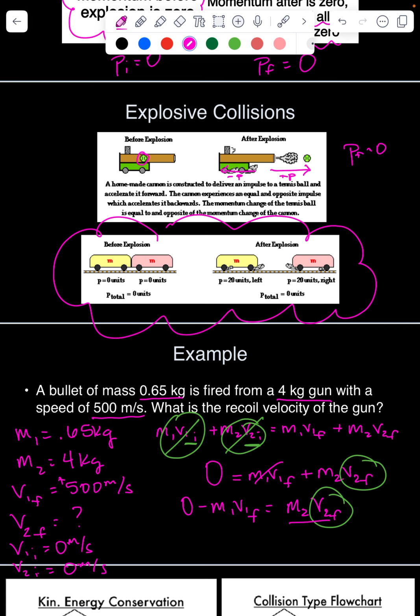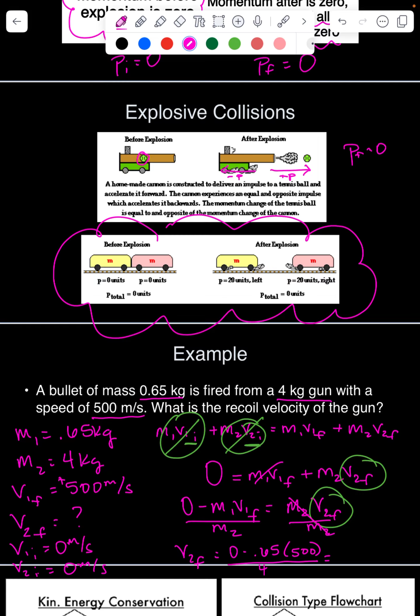So to get rid of M2, we divide both sides by it. So V2 final is equal to 0 minus our M1, which is 0.65, times 500, that positive 500, divided by 4, which is the mass of the gun.